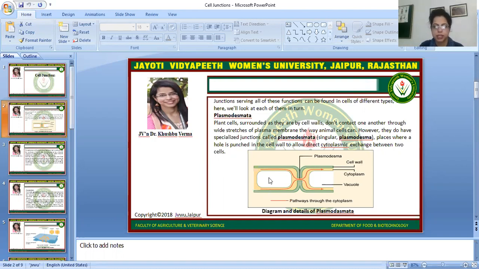Here we can see in this diagram two plant cells connected with a single hole, a single connection. This connection is known as plasmodesma. And this kind of cell junction is present in plant cells only.